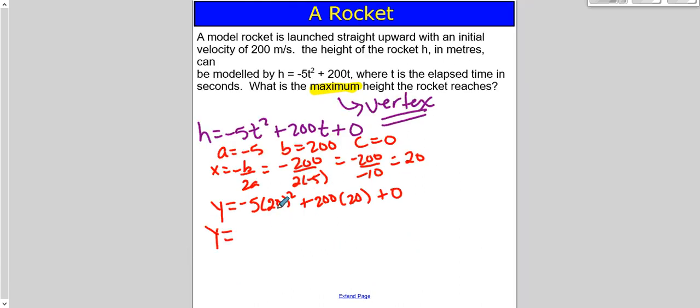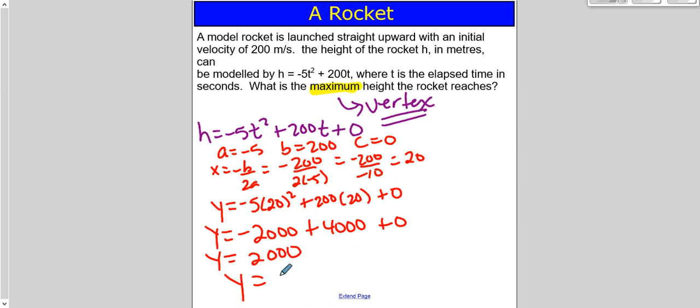And I get 20 squared, which is 400, and then times negative 5, which is going to be negative 2,000. And this is going to be positive 4,000. So y equals 2,000. Okay, so then my vertex form is my same a value, negative 5.